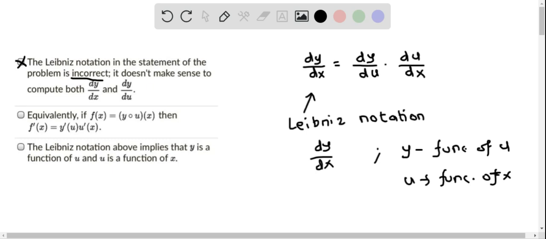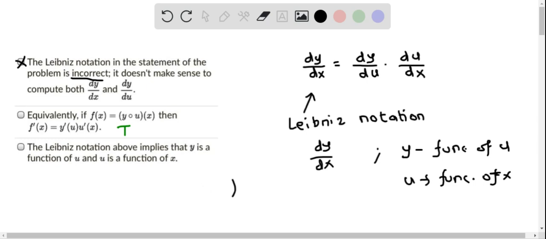Now let's consider the second statement. Equivalently, if f of x equals y circle u of x, then f prime of x equals y prime of u times u prime of x. This is true. We'll understand this. Suppose y equals u of x, okay, let's consider f of x.